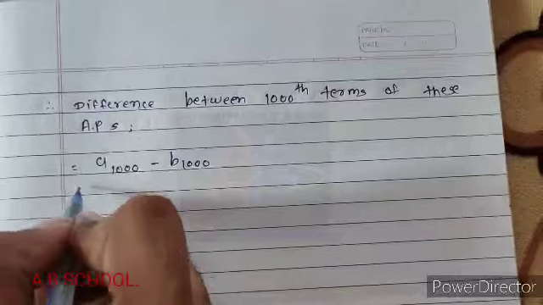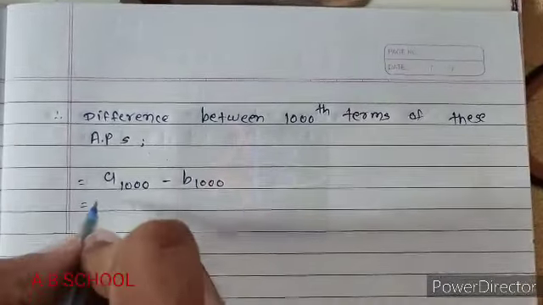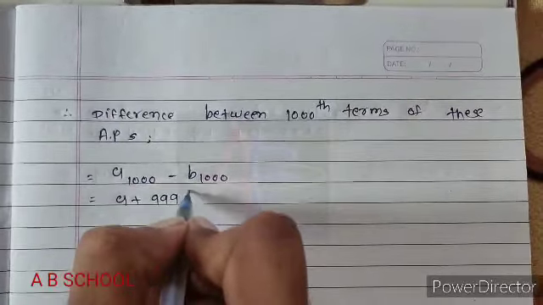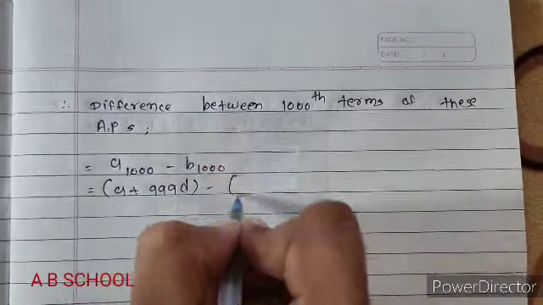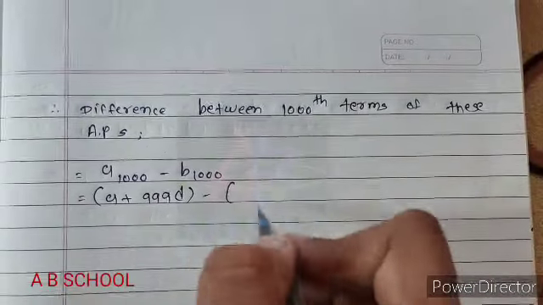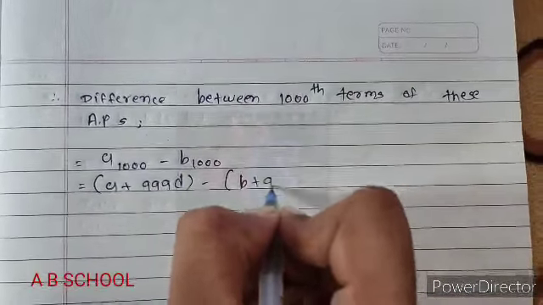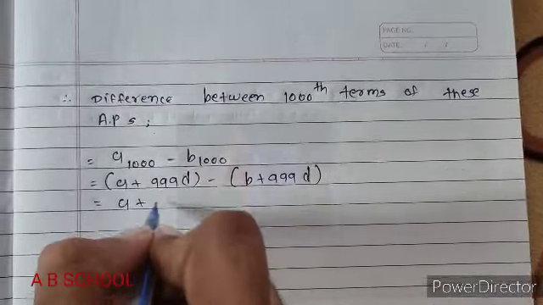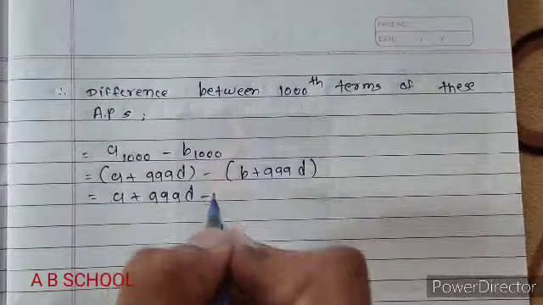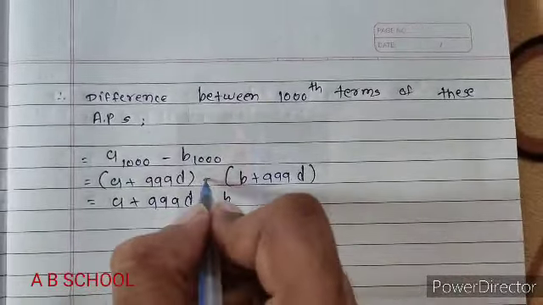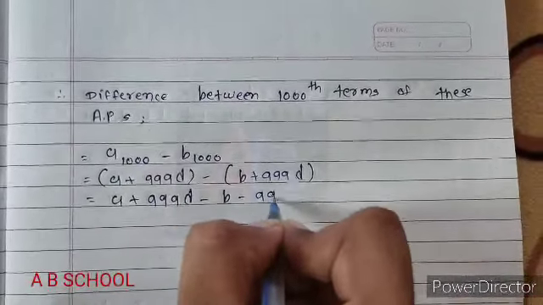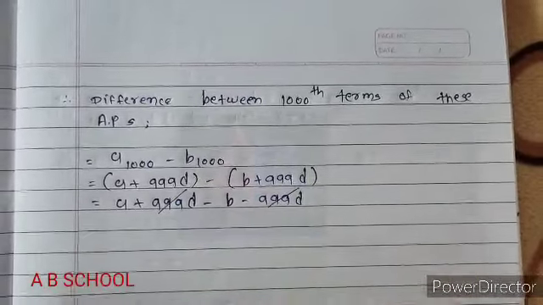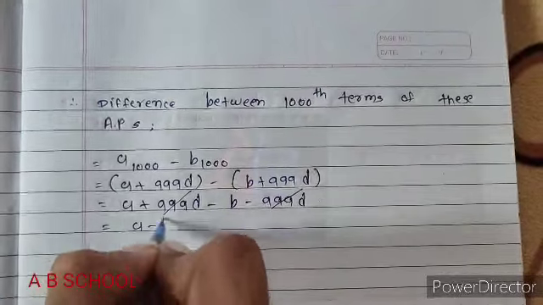So the value of A1000, by using the general form of AP, is A plus 999D, minus B1000 which is B plus 999D. So A plus 999D minus B minus 999D, 999D cancels, leaving A minus B.